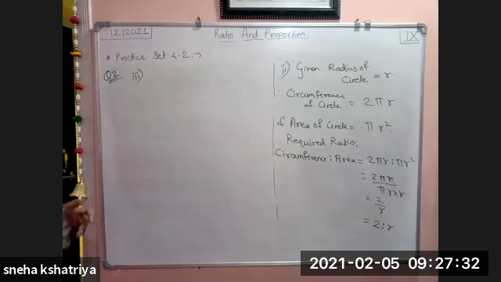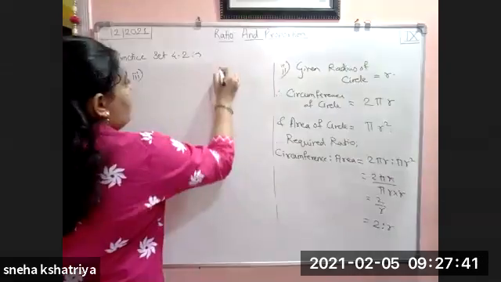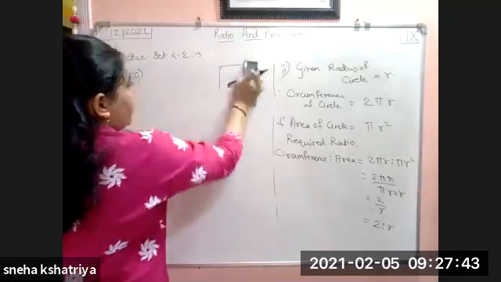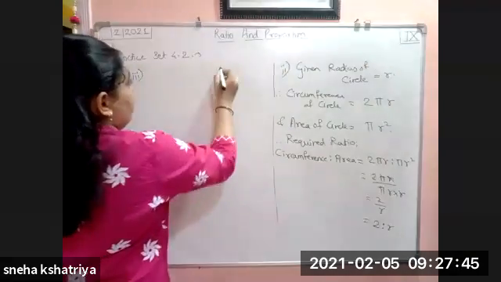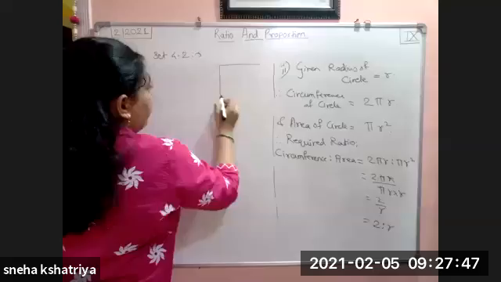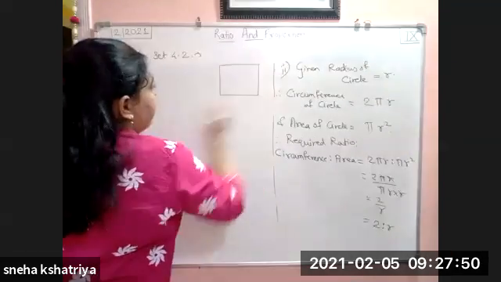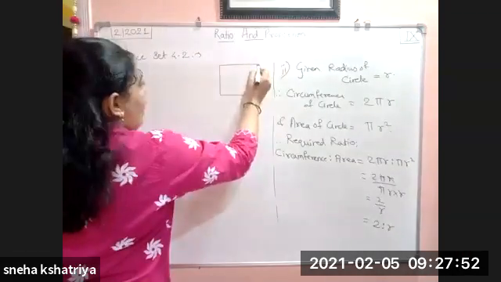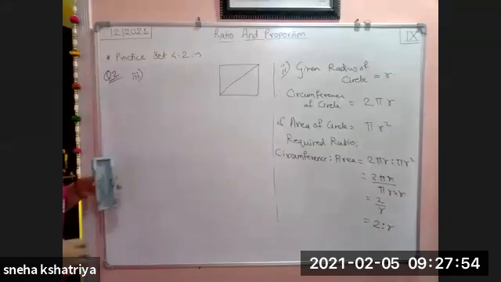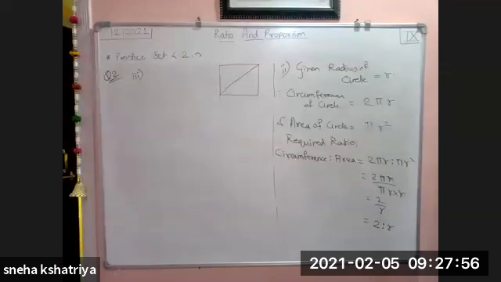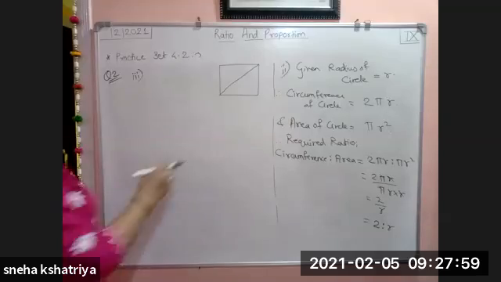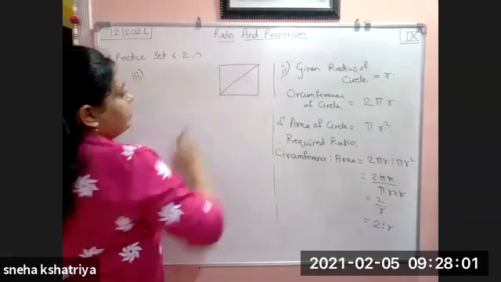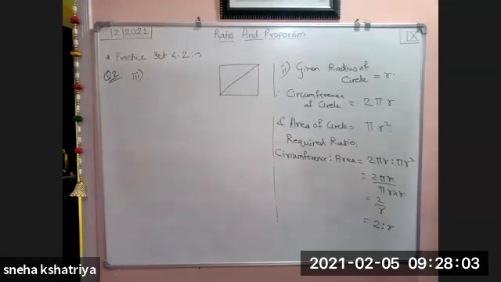Third one, the ratio of the diagonal of a square to its side if the length of the side is 7 centimeter. Now here a square is given to us. Suppose this is a square, and we need the ratio of the diagonal of the square to its side.